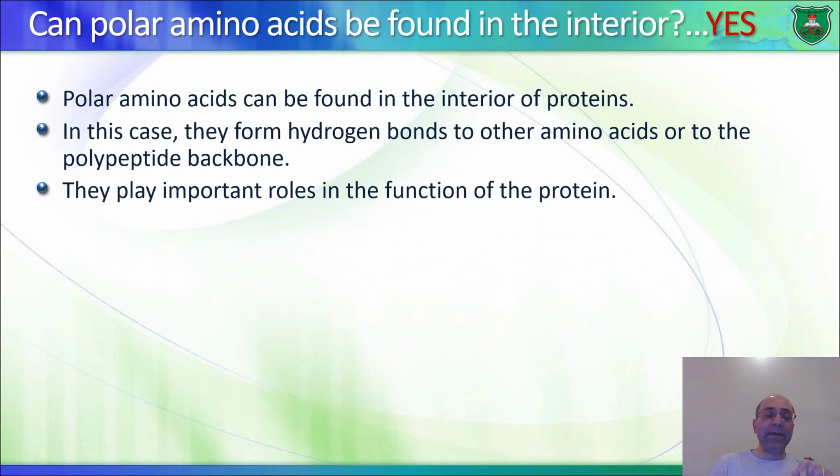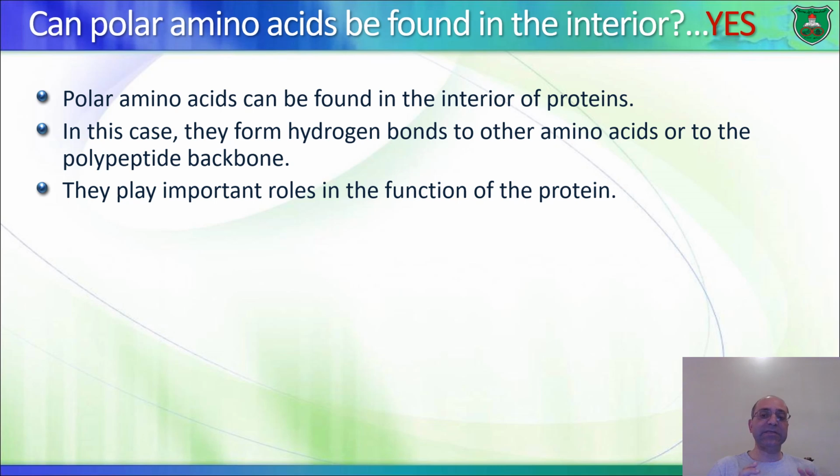Now, can polar and charged amino acids be found in the interior of proteins? The answer is yes, they can be present. And usually when you see a charged or a polar amino acid in the interior of a protein, you ask yourself immediately, what is the function, what is the purpose of this amino acid?